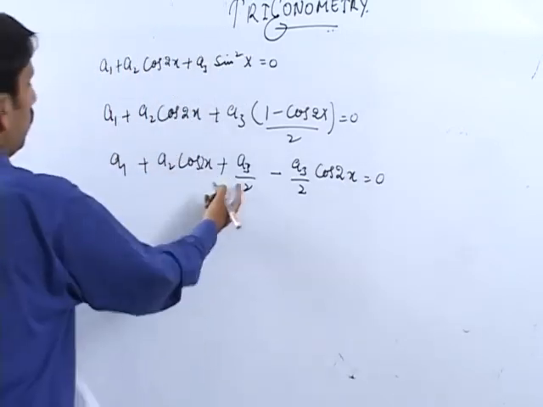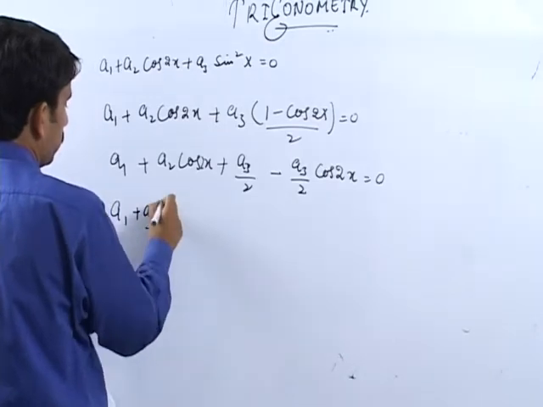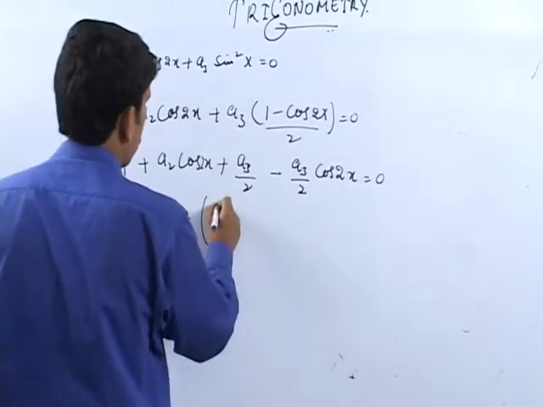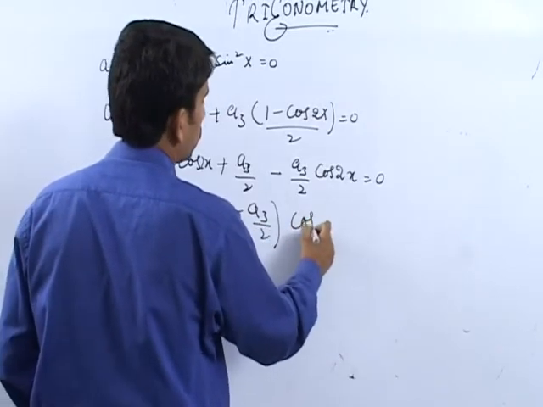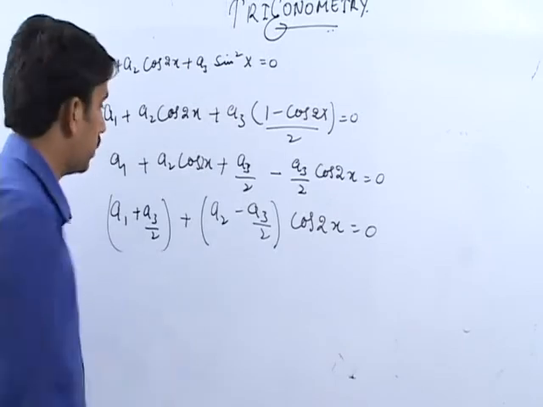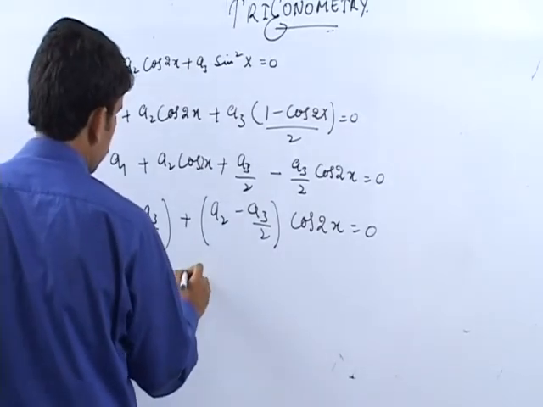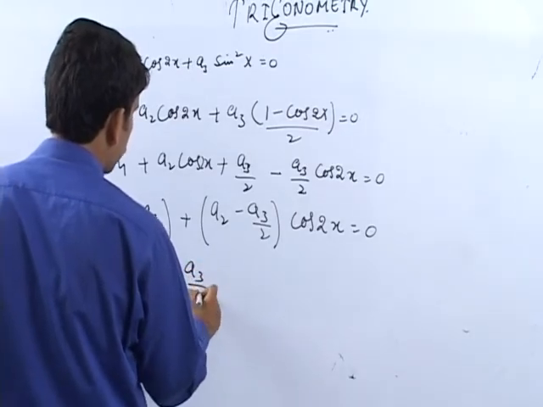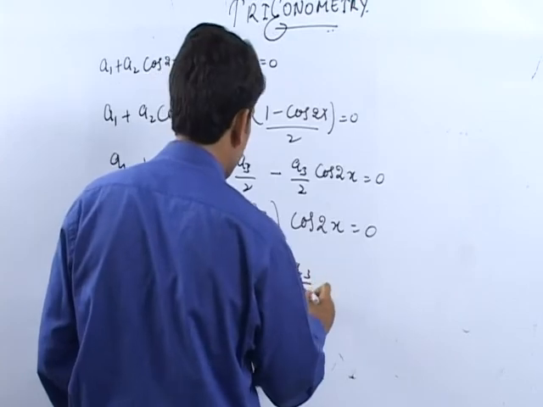Now when you take these two terms together, a1 plus a3 by 2, plus (a2 minus a3 by 2) with cos 2x is equal to 0. Now comparing coefficients, this will be a1 is equal to minus a3 by 2 and a2 is equal to a3 by 2.